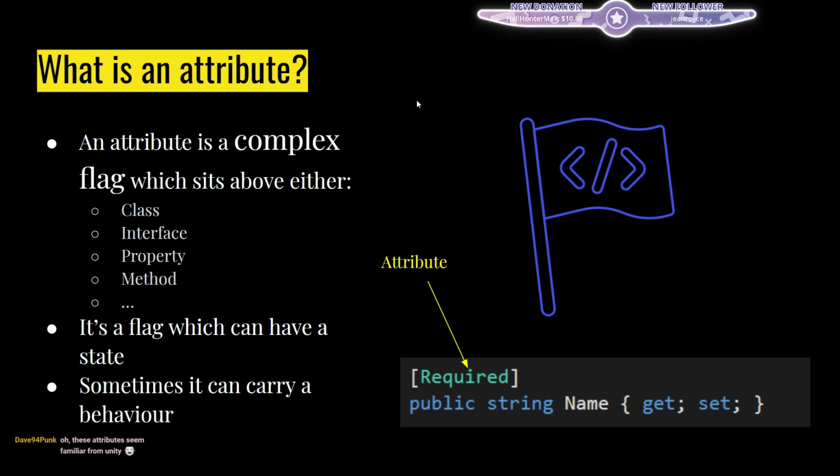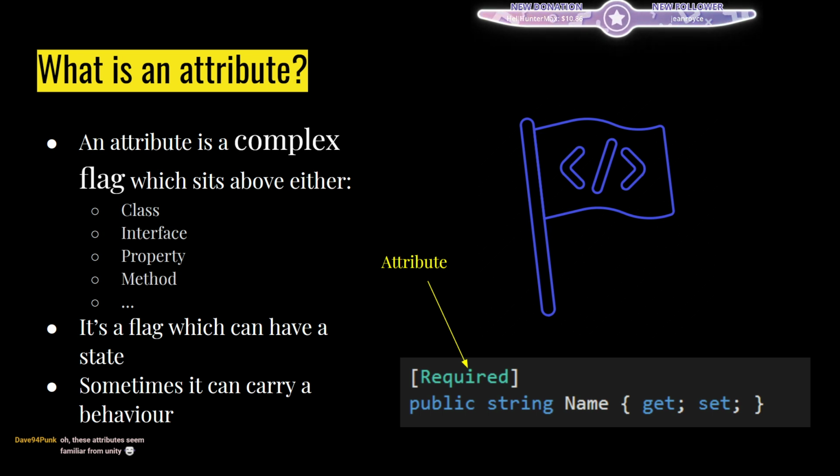So an attribute essentially is like a flag. By itself, it doesn't do anything, and it will only do something in a certain context. So if I put the required attribute on a name, that's data annotation. And if you try to save something that is required to a database and you don't have it filled, then it will complain.